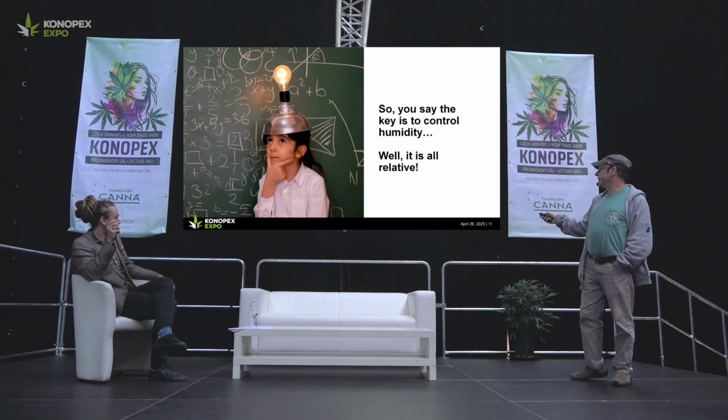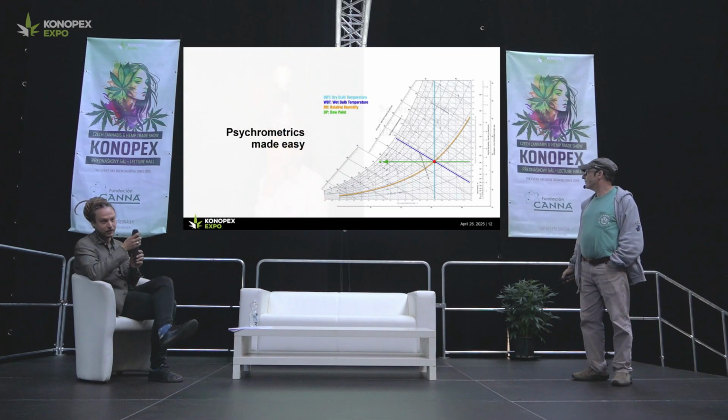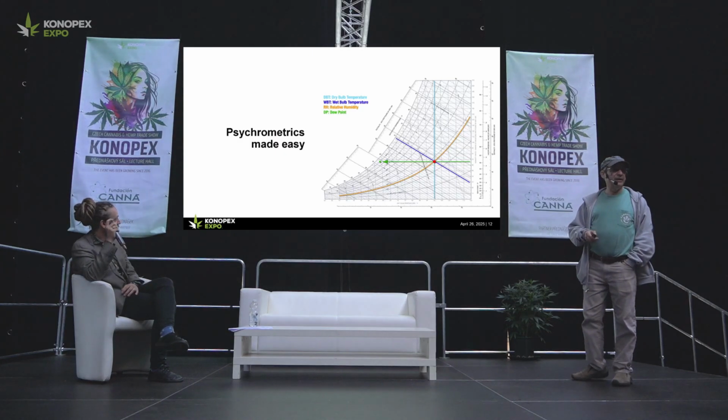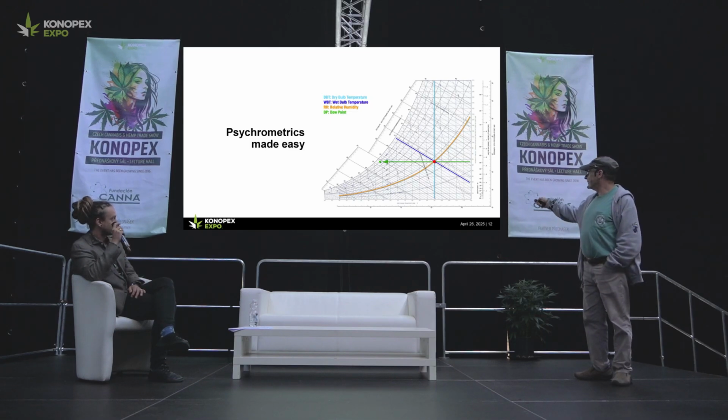So, some say the key is to control humidity, but humidity is relative. Humidity is the result of two variables: the amount of heat in the air and the amount of moisture in the air.